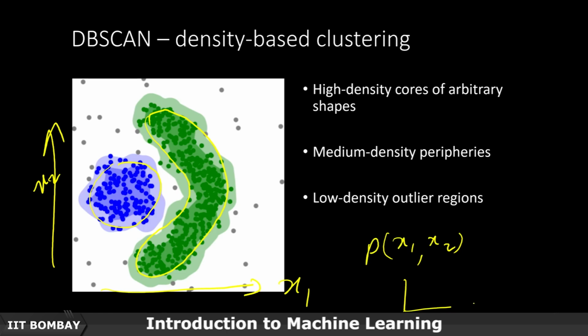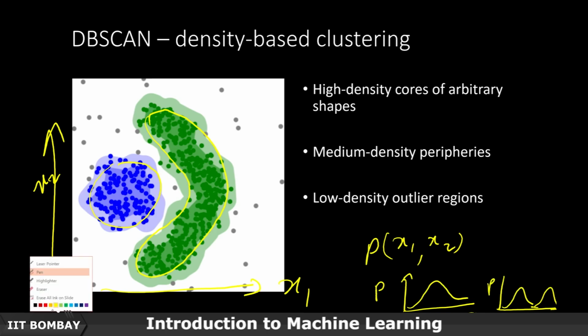So if we just look at one dimension, if we are looking at just the x1 dimension, we are looking at the probability, so this would be a unimodal distribution, whereas this would be a multimodal distribution, right. In this multimodal distribution, it seems obvious that we have two clusters, right.